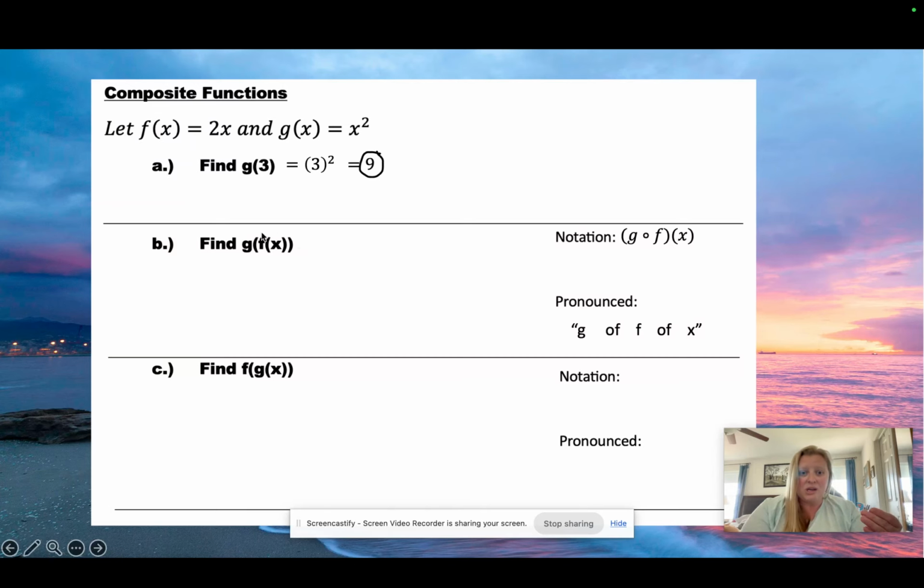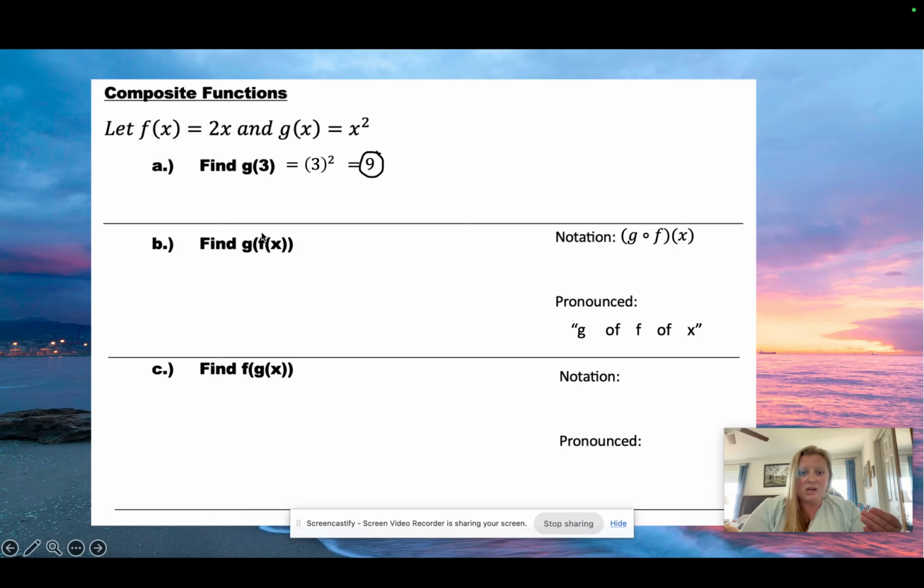So what that would look like is, in parentheses, 2x, and then outside your parentheses would be that squared. Now, if you are to do 2x times itself, which is what squared means, you'll get 4x squared. So the answer is 4x squared.